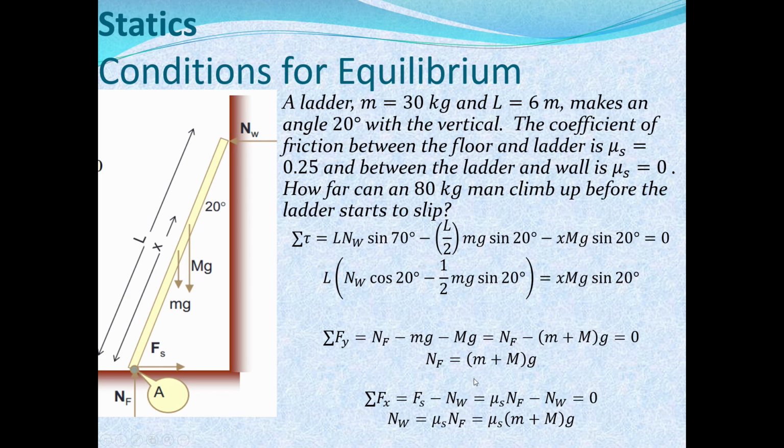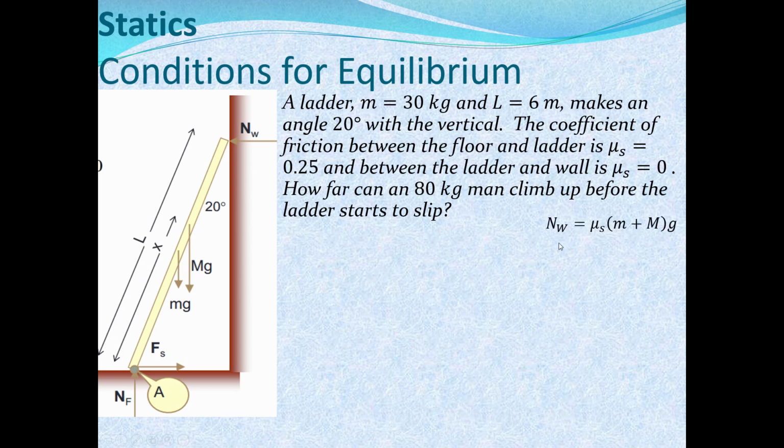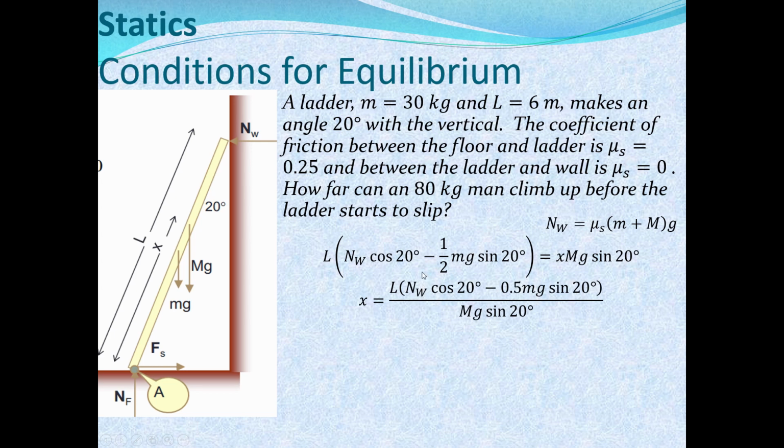Now, if you want to make your life easy, you could actually plug numbers in and it'll make things a little bit easier to see. I'm just keeping it in variable terms for now. So using this and combining it with my equation I have here, I can take this and plop it in for the force from the wall. So moving things around, I end up getting this. Now you'll notice that I turned the sine 70 into cosine 20 just so that they're all 20.